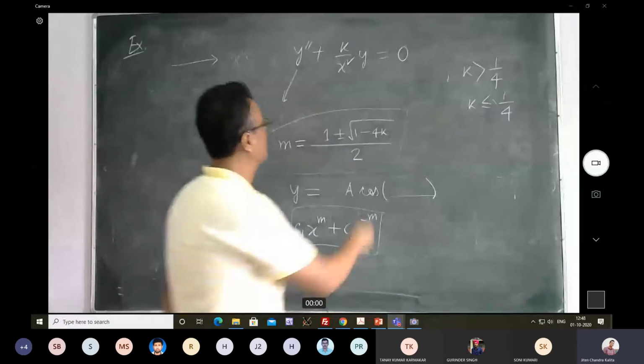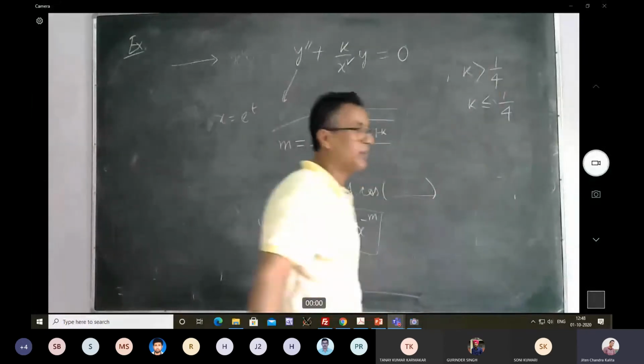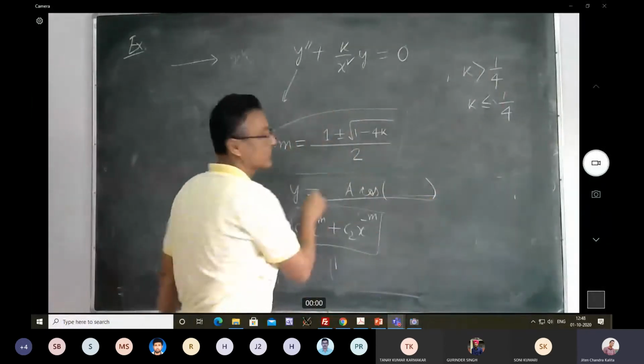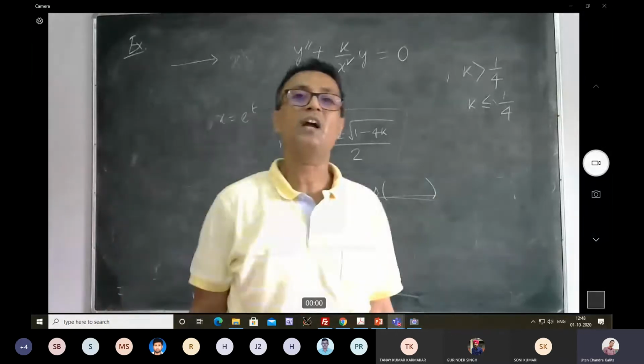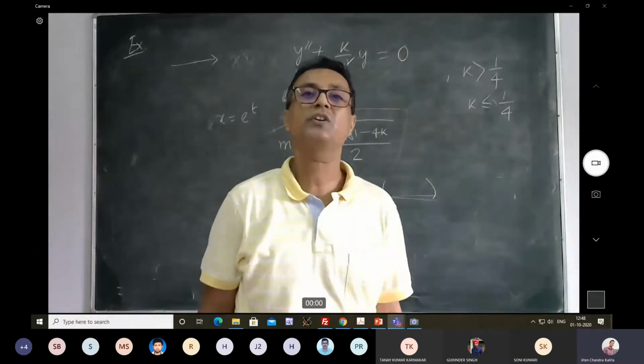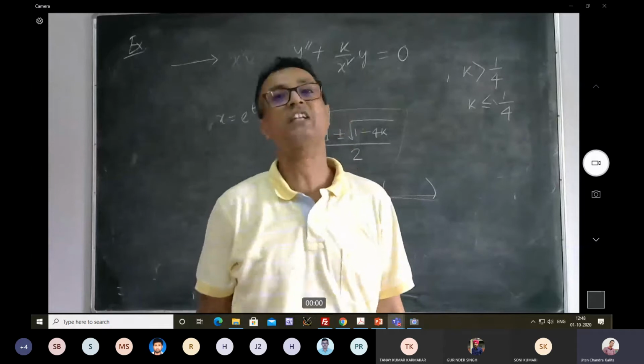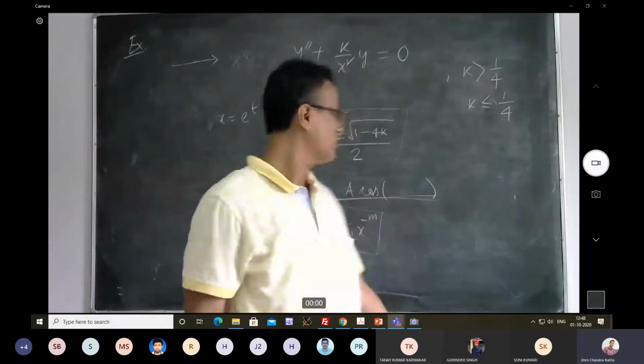And when your k is strictly greater than 1/4, because this is some cosine function, you know that the graph of that function is going to cross the x-axis at an infinite number of points, right? I don't even have to show it.